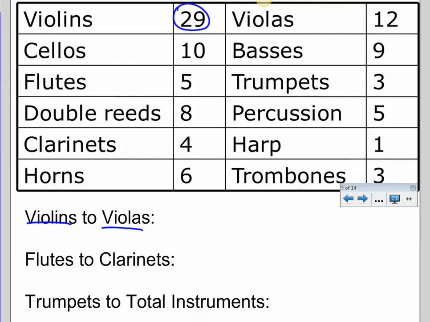And how many people play viola? 12. So if I wanted to write a ratio of those, I would need to make sure that my violin number came first. So violin is 29, so write this with me on your paper. I would write 29, and then I would write a colon, and then I would write the number 12. Again, 29 came first because the word violin came first in my question.